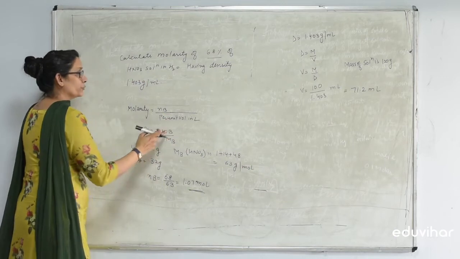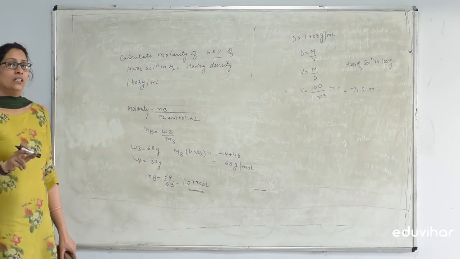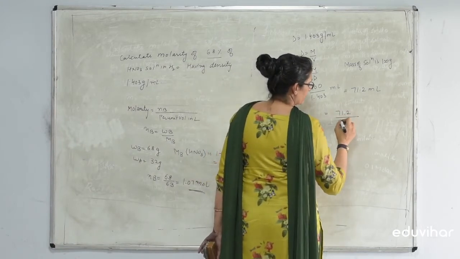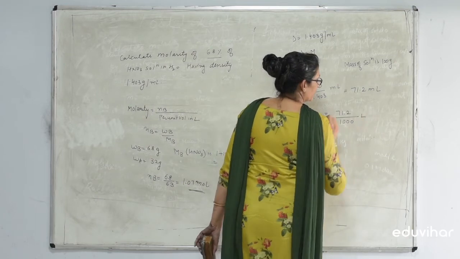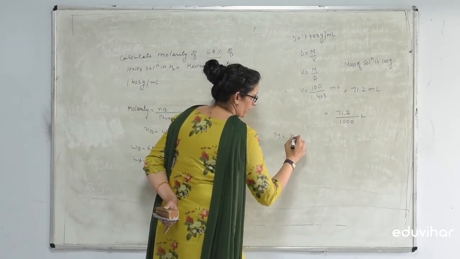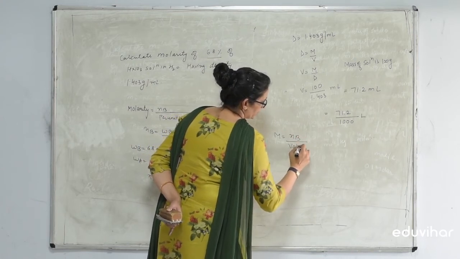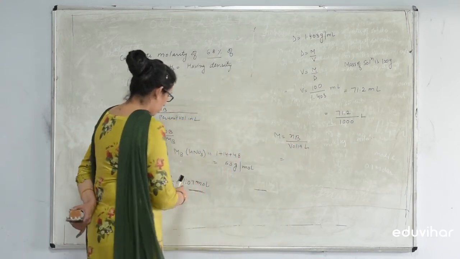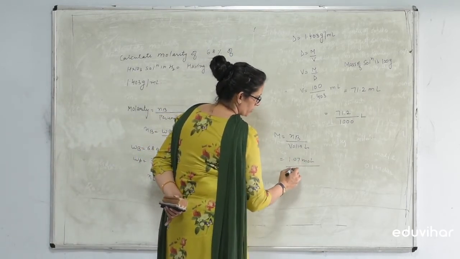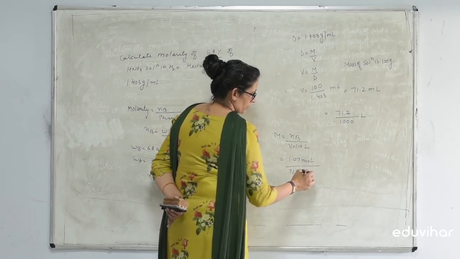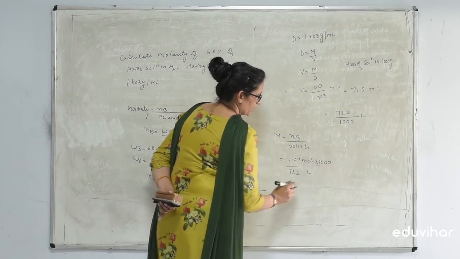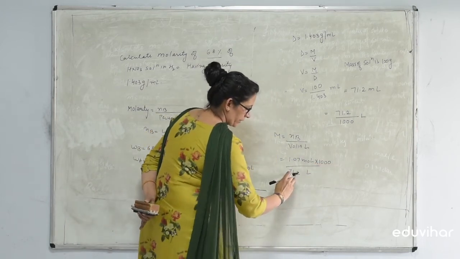But according to the formula, we require the volume in liters. So 71.2 divided by 1000 becomes liter. Then molarity is equal to nB divided by volume in liter. nB is 1.07 mole and the volume is 71.2 divided by 1000 liter.